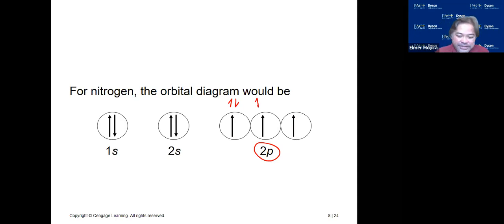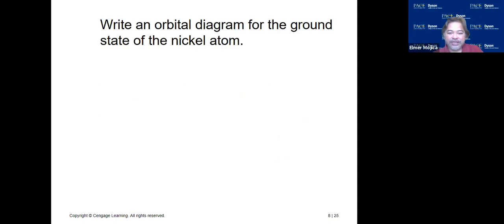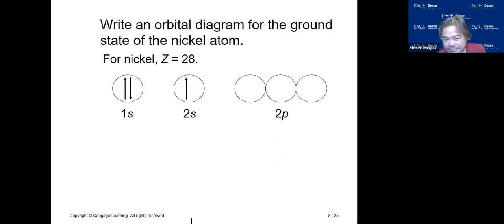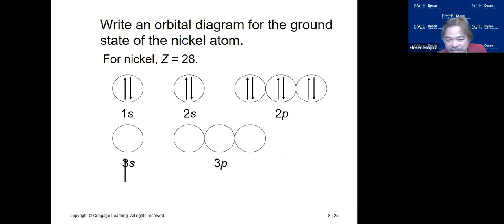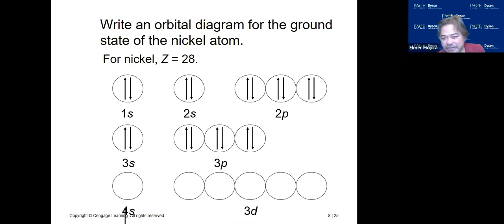For instance, if we have nickel, nickel has 28 electrons. If we follow Hund's rule, this is how it's going to fill up. Look at the arrow. They usually go up, fill up all the degenerate orbitals, and then they go down.